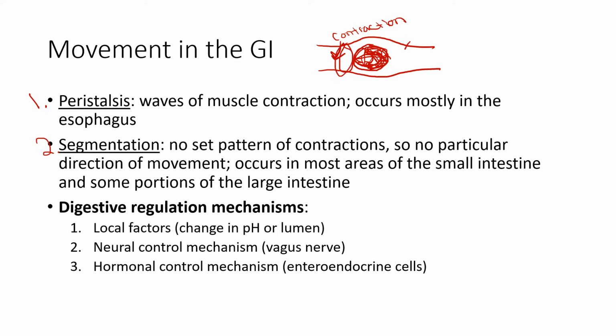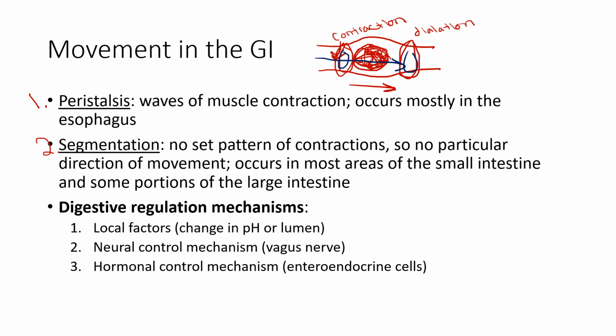Meanwhile, in front of this bolus of food, as it is moving this way, you are going to have this dilation or relaxation. And it's going to move the bolus of food through by contracting and relaxing, and it's going to inch along down your digestive tract, specifically more in the esophagus for this particular type of movement.